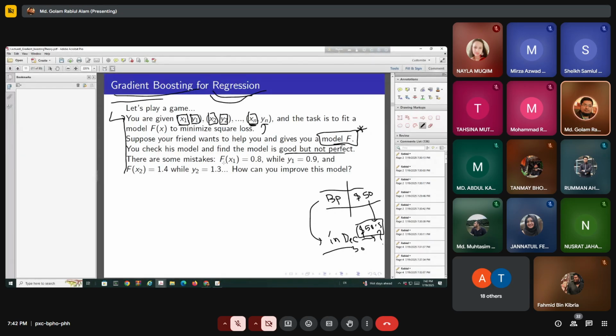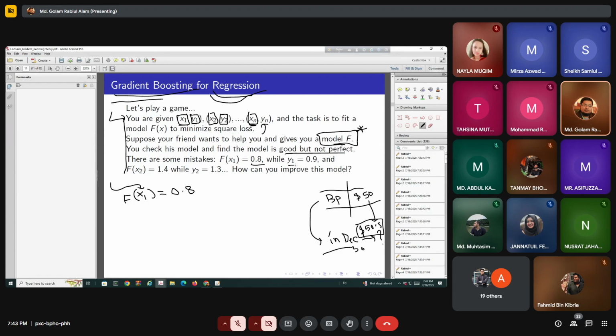If in our test case we feed the data x1 to model F, it will return 0.8.